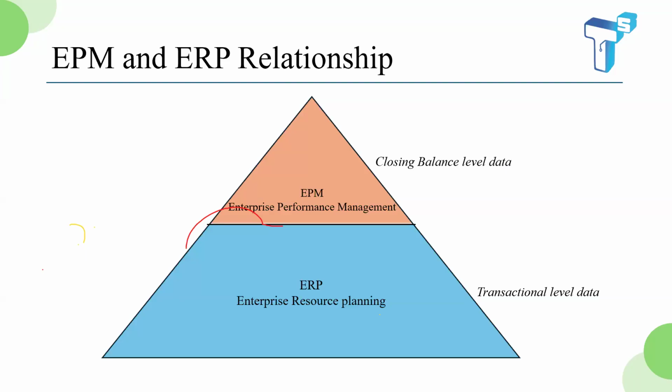For example, at the beginning of January you have around 2 lakhs in your organization account. By the end of January, how much balance is left in your account, those two will be maintained in EPM. So ERP is always the transaction level data, whereas EPM maintains the closing level of data.